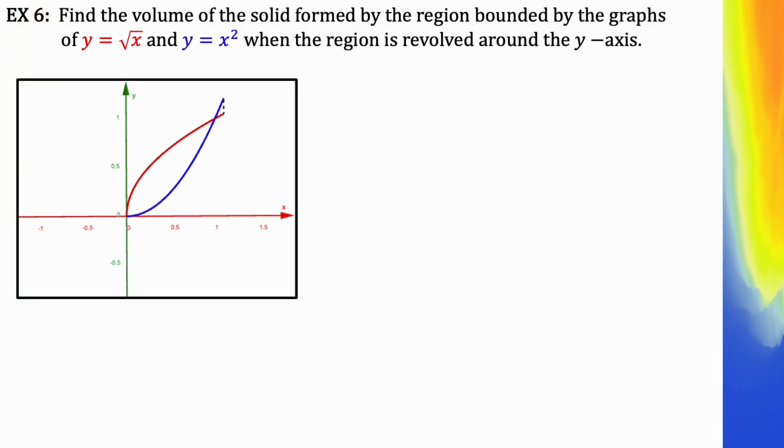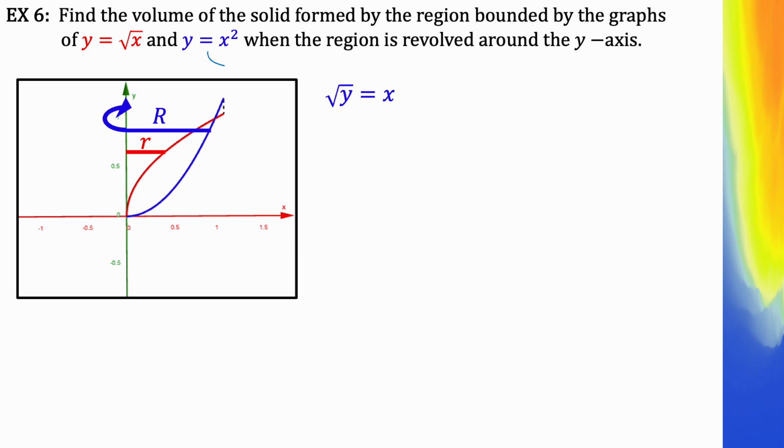Okay, so we're going to find the volume of the solid formed by the region bounded by the graphs of y equals the square root of x and y equals x squared, when the region is revolved around the y-axis. So we're going to have our big R, and we're going to have a little r. But because we're going around the y-axis, we need to solve for x so that it's in terms of y.